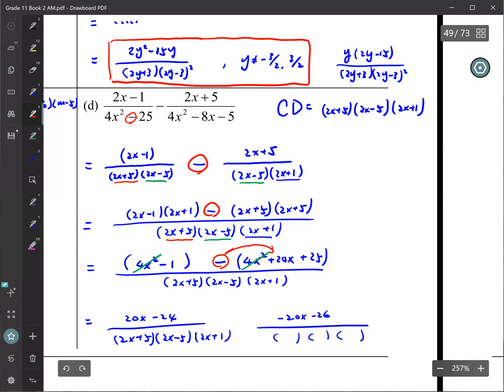It affects each one of them. You can expand the bracket by moving the negative in. So that's why it makes -20x. So the answer should be this one. This is a very tricky question because of the subtraction. Of course, the denominator, let's also fill that in.